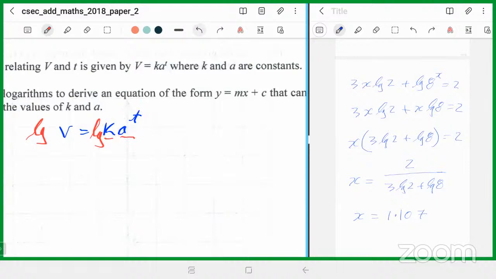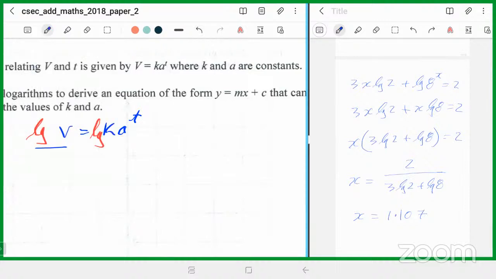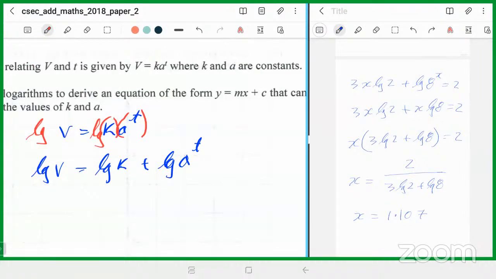And so if we expand this part out using the law of logs, first one, this becomes the log of v, just the same, and this becomes the log of k plus the log of a to the power t. But understand that, because I'm treating this like a product, the log of a product is equal to the sum of the logs.